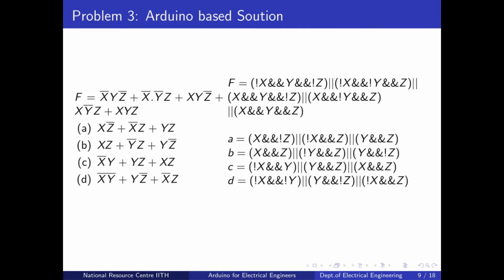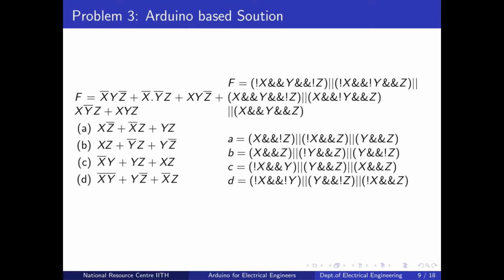So for this we directly go for the Arduino based solution. So you can see in this slide, on the left side we have the Boolean expressions including the options, and on the right side we have the syntax for the Boolean expressions.